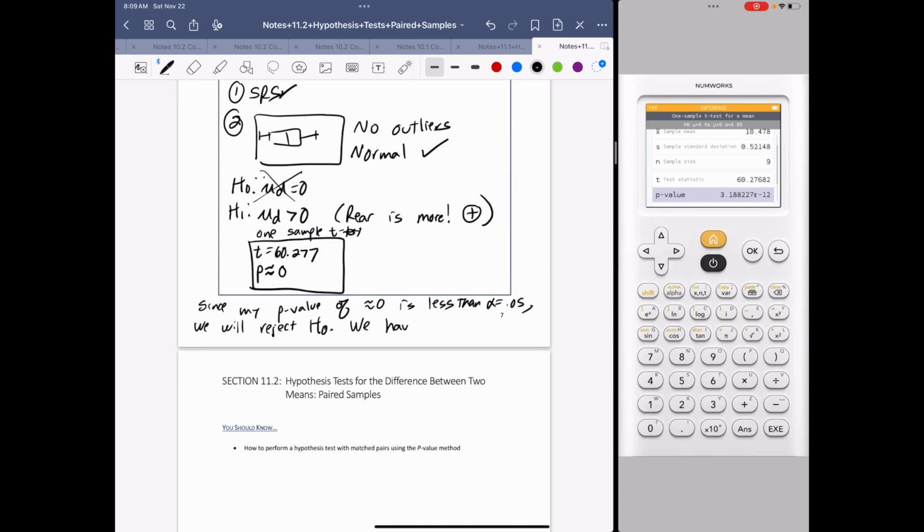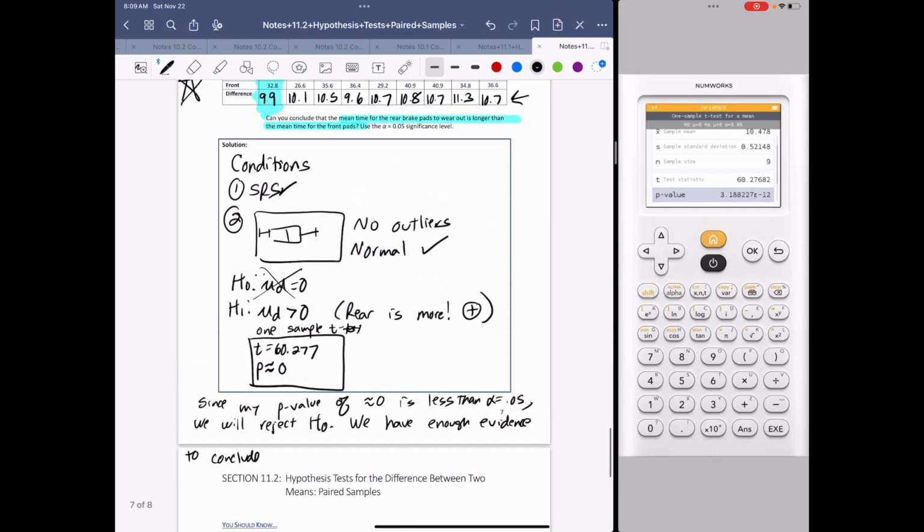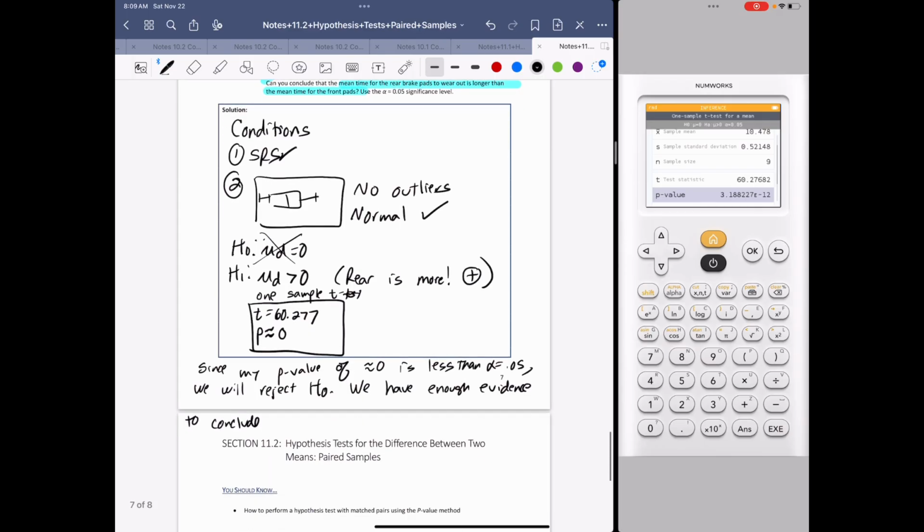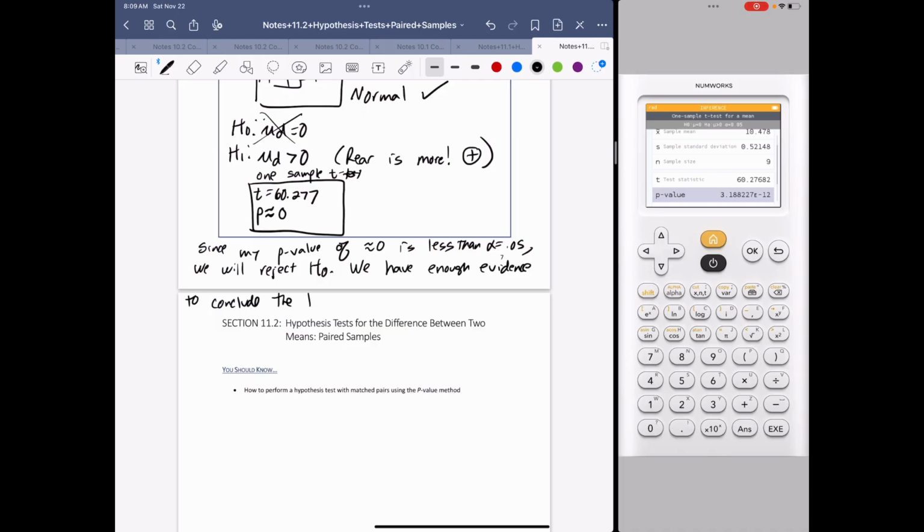We have enough evidence to conclude the true mean time for the rear brake pads to wear out is longer than the front.